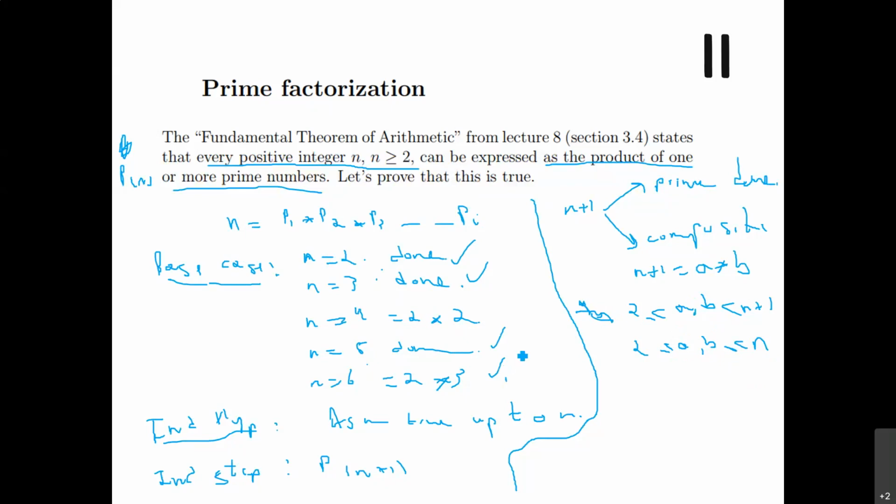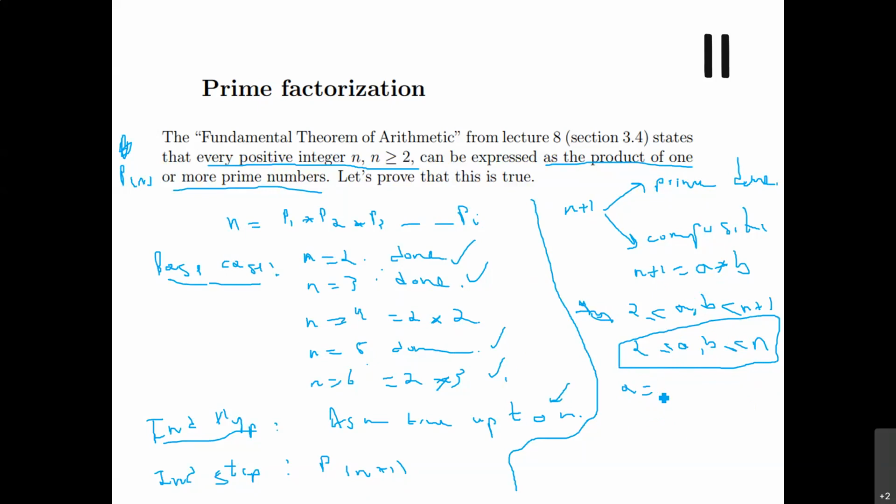So we're back in our hypothesis range. We broke down n plus 1 into a and b. Now a and b don't have to be prime, but they are within the range of our hypotheses. So using strong induction, using our hypotheses, a and b can be broken down into products of primes.